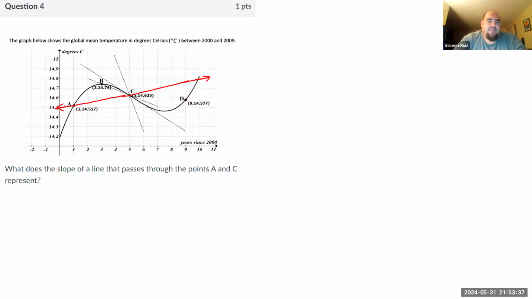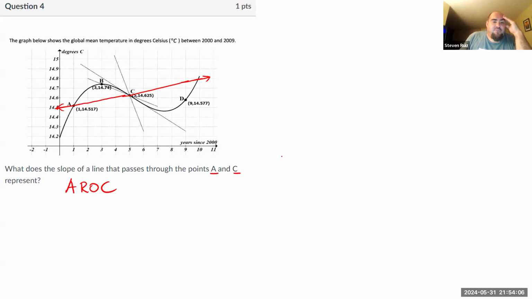I am asking about what's happening at and between 2 different points. So I think that tells me right away that we are looking at an average rate of change. So that's not specific enough to answer this question, but it is very valuable to know that we're not looking at an instantaneous rate of change. We're looking at an average rate of change because I'm talking about point A and point C.